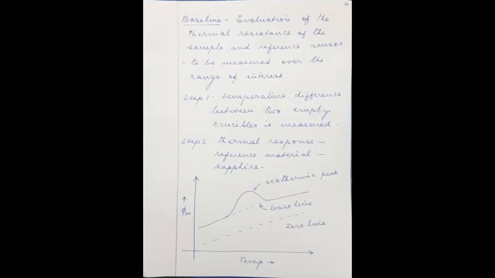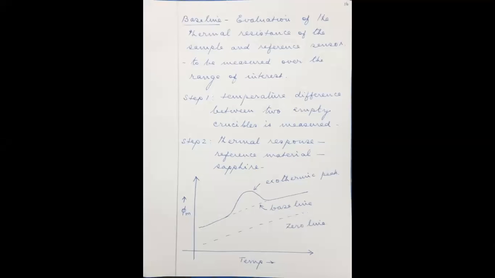So now, first of all, you have to evaluate a baseline. What is this baseline? The thermal resistance of the sample and the reference sensors are to be evaluated. First of all, the baseline is only for the sensors.